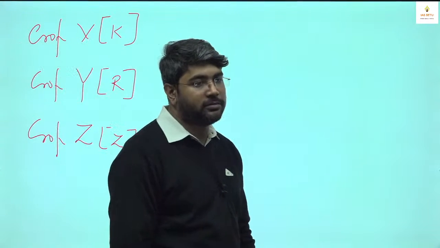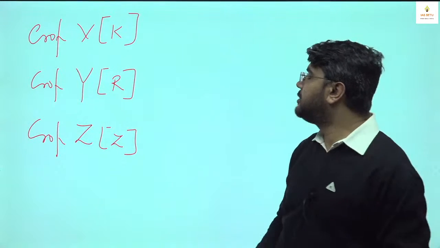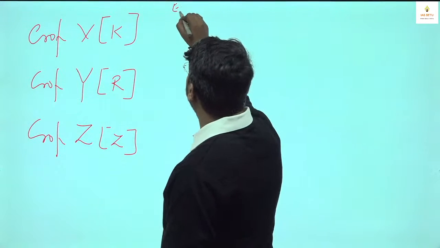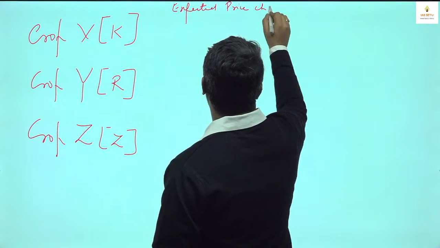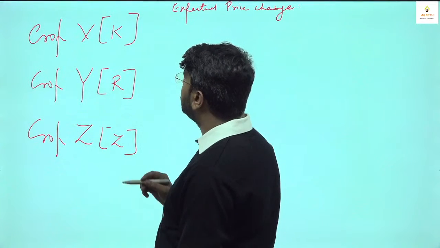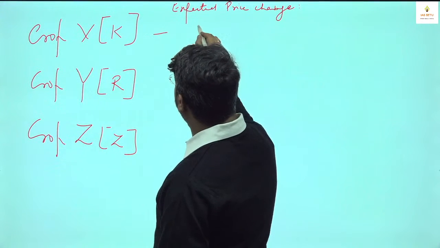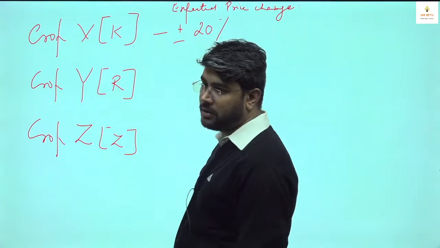And let's say, for that matter, let me assume that the expected price change in these 3 crops is in the following manner. So I believe that the price change here can be 20%. Can be anything, plus minus, anything can happen.